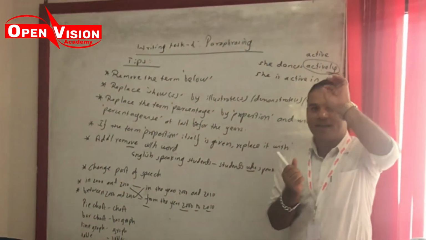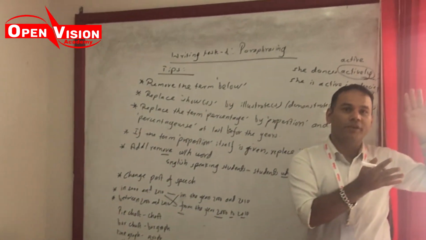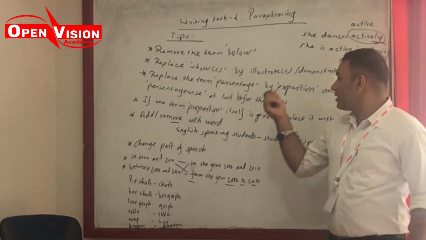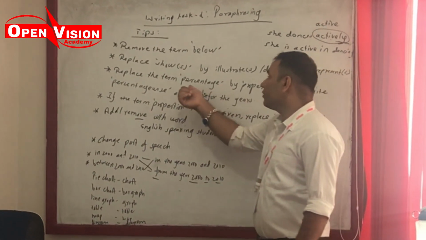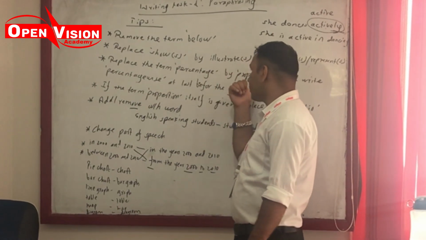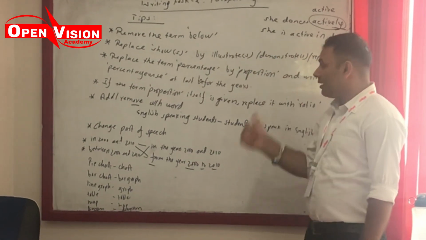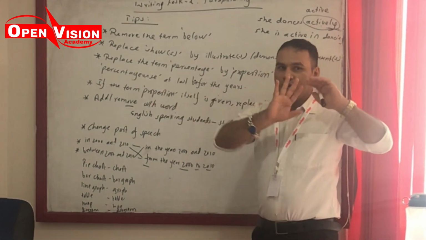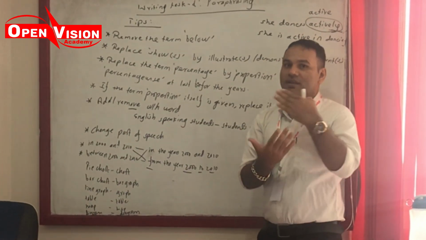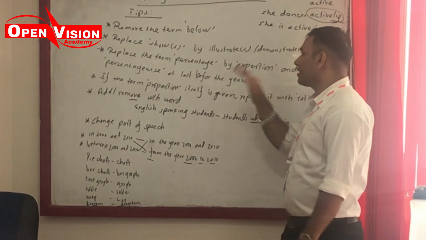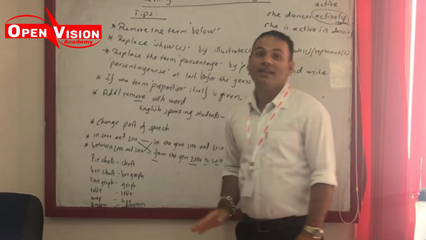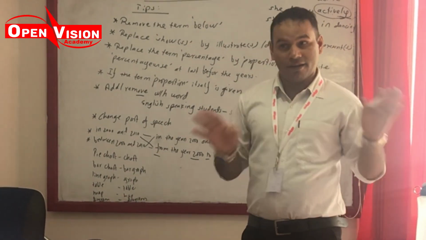For example, "the pie chart below shows the percentage of something". In this way it may be asked to you. What you can do is replace this term with proportion. Then at last, as in 2000 and 2010, the years are given at the end, and before the years you can add "percentage wise", so that there is no threat of grammatical error.